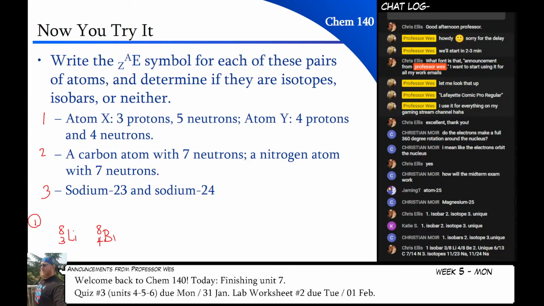And that would be this. That's not what that is at all. My heart said beryllium, but my body said bromine. I don't know. There we go. Those have the same mass number, so these would be isobars.